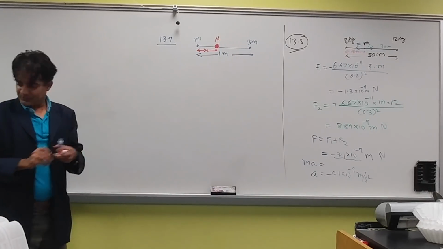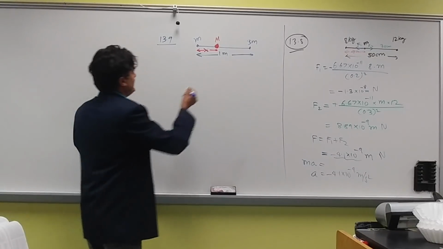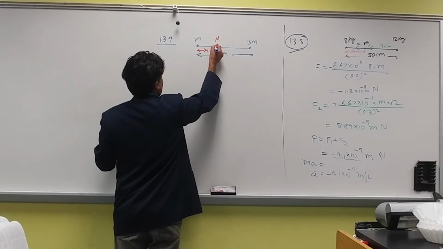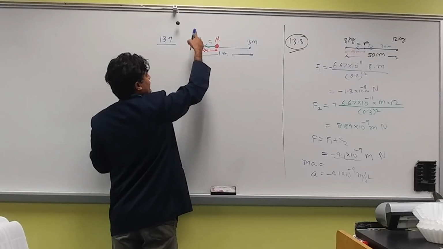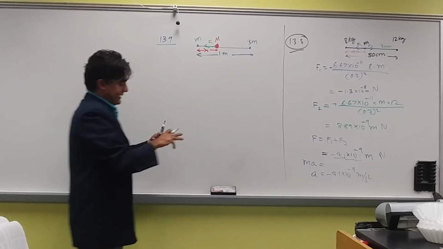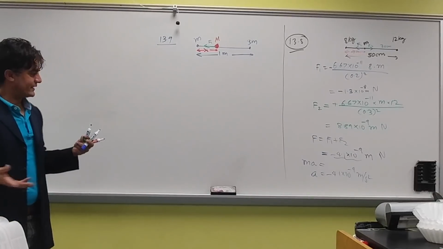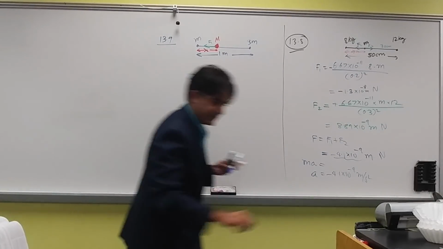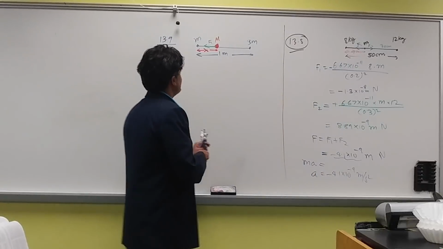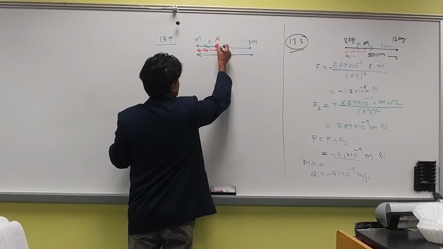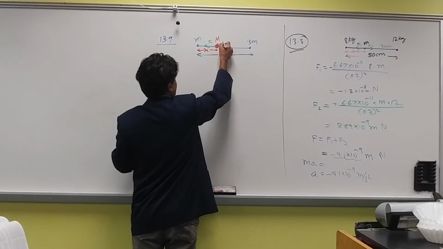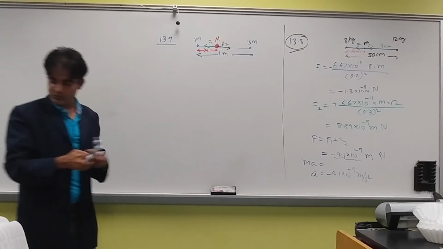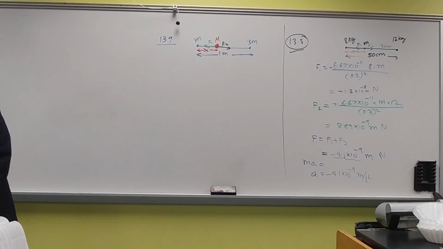Let me call this F1, the force between lowercase m and uppercase M, and the other, F2, on this side, exactly the same. That's why it is neutral. So now all you do is calculate F1 and F2 and equate them.